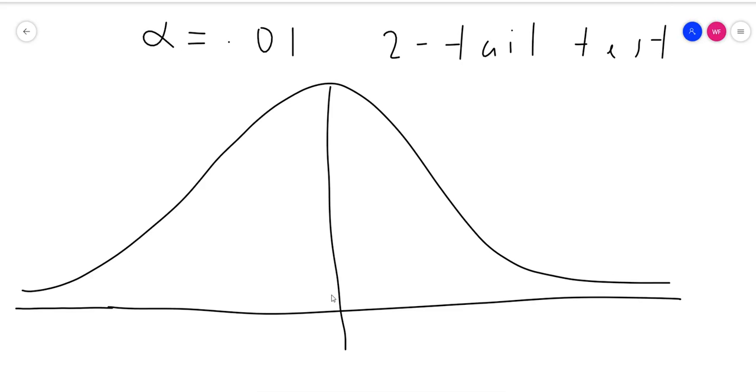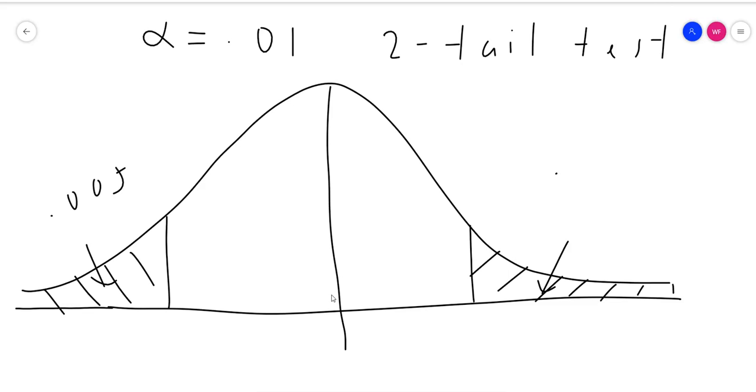Now with alpha equals 0.01 with a two-tailed test, we have what's called the critical region, where the area of this region is 0.005, which is half of 0.01, and the area of this region is also 0.005, which is half of 0.01. And this value right here on the edge of that is called the critical t-value.